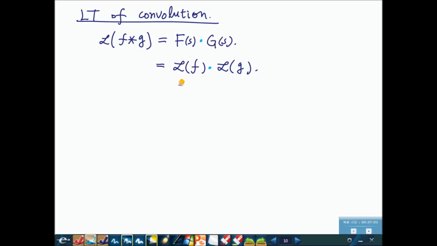They are really multiplication in S domain. Okay? Multiplication in S domain means convolution in T domain.